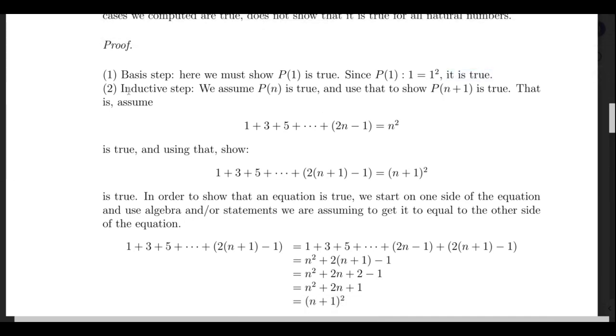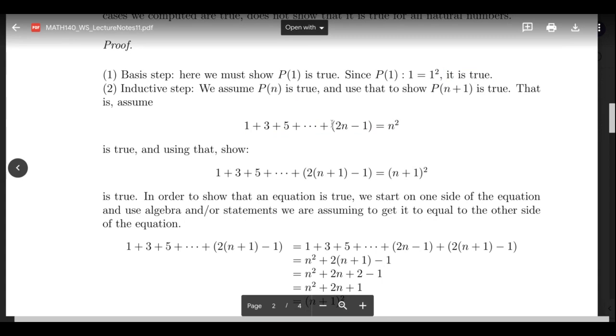Now the second, the inductive step, includes 2 steps. First we assume P of n is true. What is P of n? P of n is this: 1 plus 3 plus 5 up to plus 2n minus 1 equals n squared. Let's see if this makes sense, right?